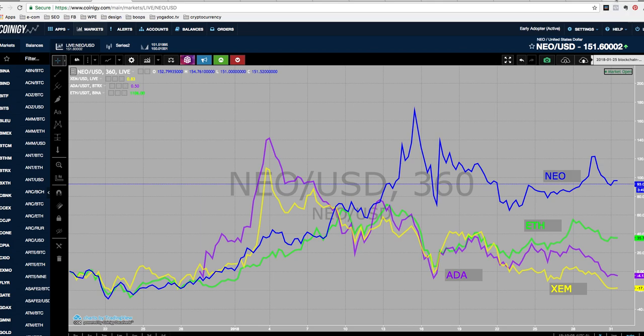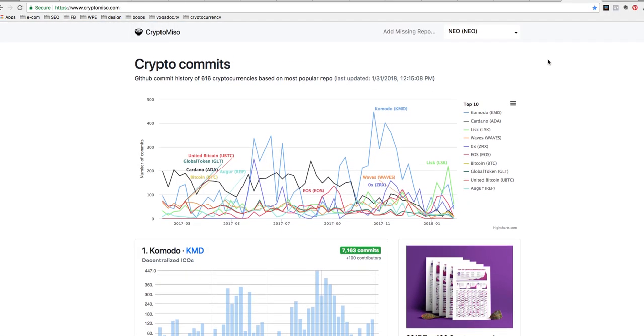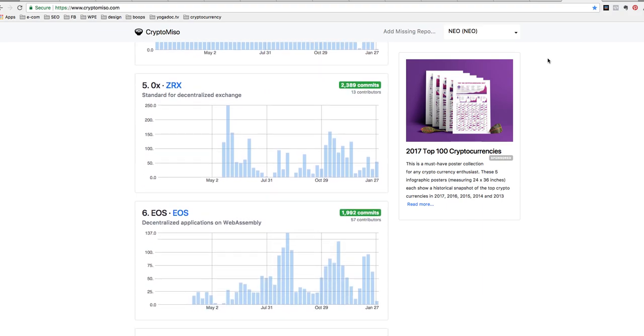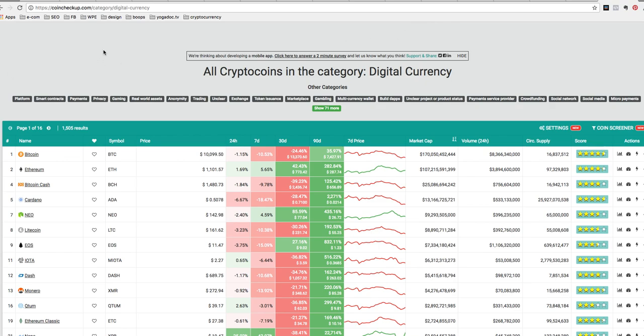Now that brings me to the next tool. The CryptoMiso site put EOS on my radar, so now I'm going to go to one of my favorite tools, which is Coin Checkup, at coincheckup.com. The thing I love the most about Coin Checkup is that it has categories, and that's by far the most important thing about it.